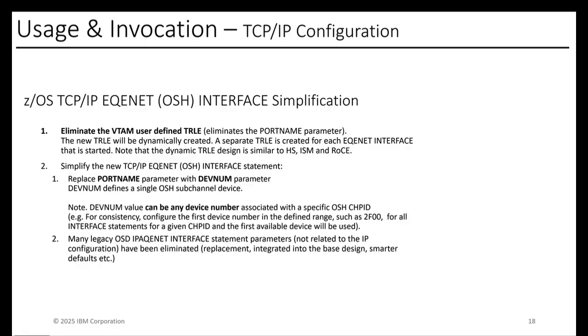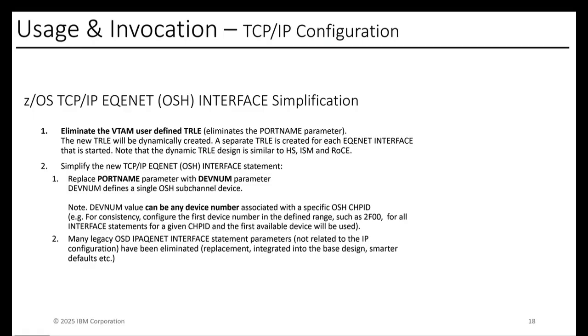So the dev number can be any device number that you define in HCD, but we prefer that you use a consistent value when you're coding them, since it's really just a way for us to get to the PCHID of that adapter. Then we query the IOS subsystem to find out what devices are actually available and pick the first online available device to assign for that interface.